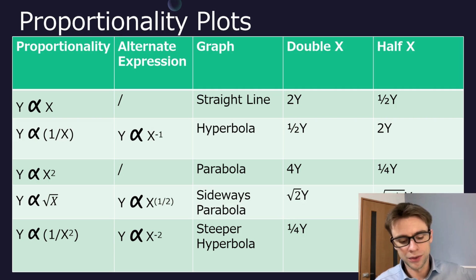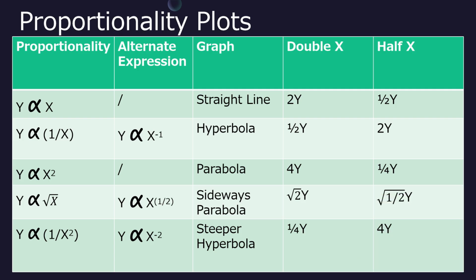If we halve x, y will double. And if we happen to have at the very bottom here, y proportional to 1 over x squared, we'll double x and get 1/4 y, and halve x and get 4y. These relationships will probably be important in this video and or the next one that I make, so let's keep that in mind.